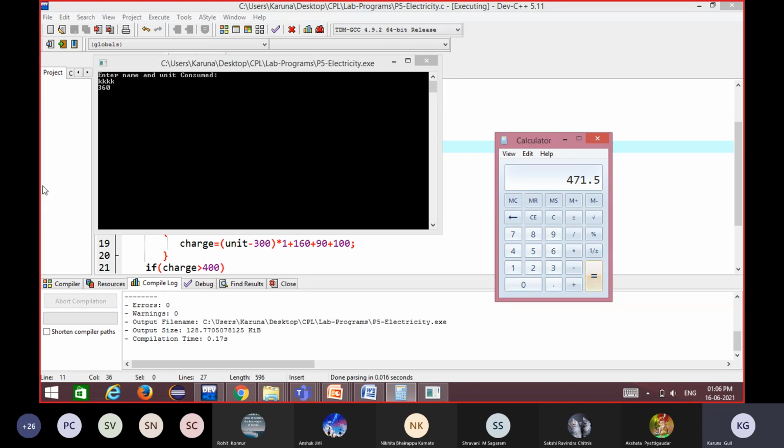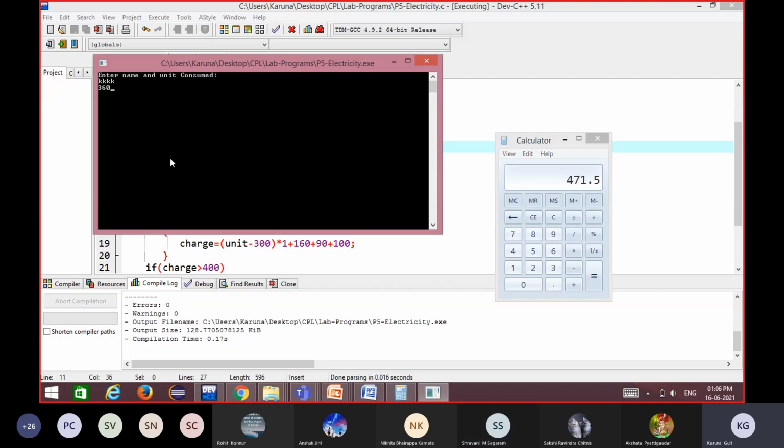How much is this? Is it 471.5? Yes, ma'am. Right, so let's check it out. Are you getting the same answer? Yes, ma'am. Right, so this is how we have to work it out.